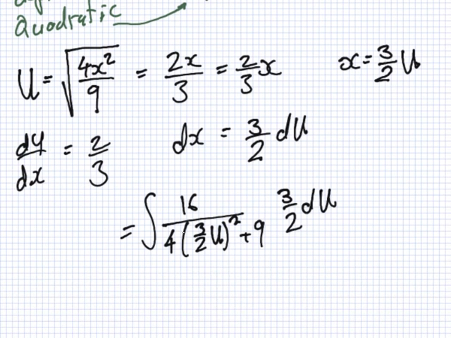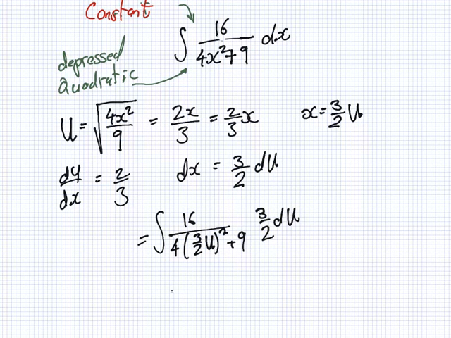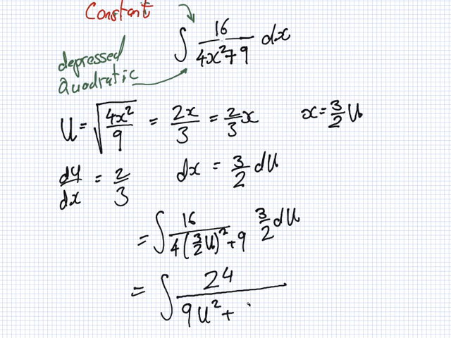Now something very nice happens here. This becomes integrate 3 over 2 times 16, which is 24. Now this becomes 9 over 4, but the 4 cancels this 4, so it just becomes 9u squared plus 9 du.